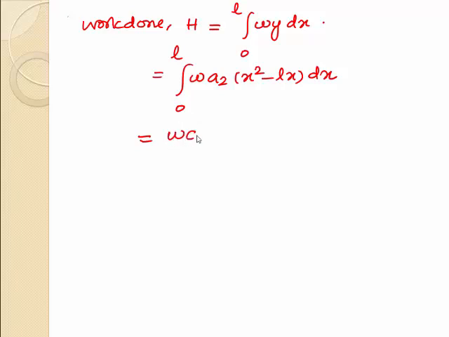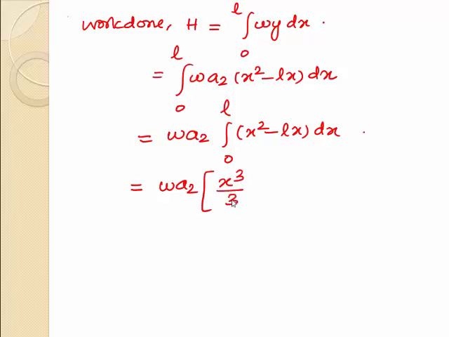So constant values W a2 integral 0 to L x square minus lx dx. Now we can integrate x square minus lx with respect to x. So x cube by 3 minus L x square by 2, integral limits 0 to L.